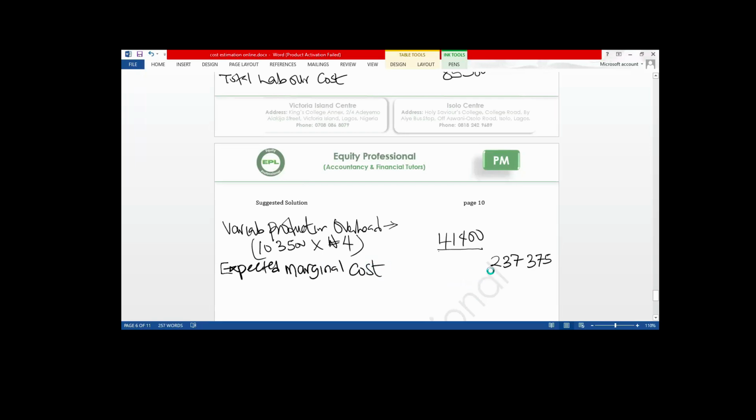So you can get your contribution now. Your sales less marginal cost, 73,125, is our contribution. Then less fixed overhead, 21,000.